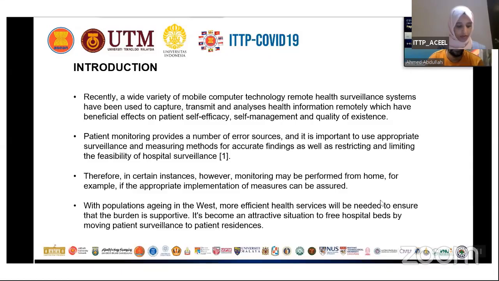Therefore, monitoring may be performed from home.